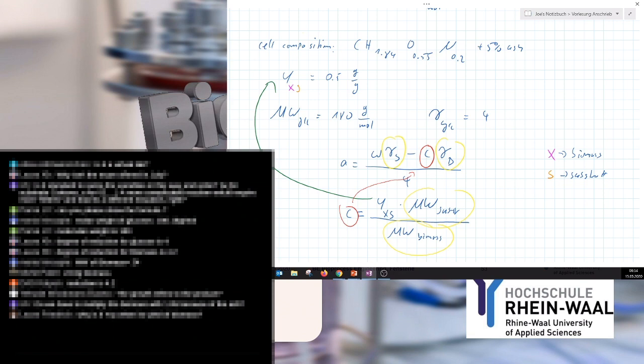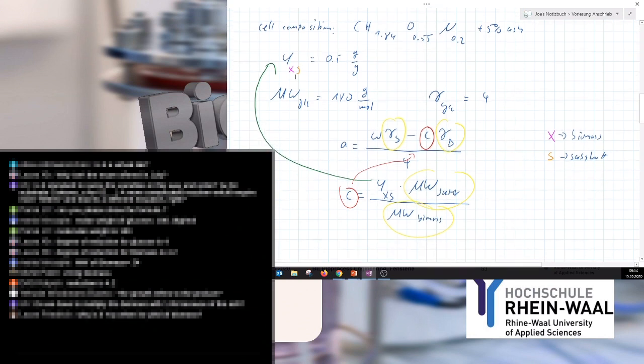So we need to know first all our molecular weights. For glucose, we have it. So we need to have our molecular weight of our biomass, and we need to calculate our molecular weight of our substrate.